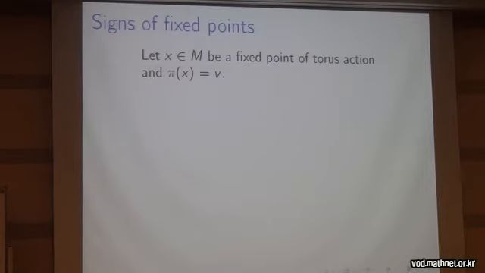And the last thing I'd like to tell you about is that we may define the signs of fixed points of a quasitoric manifold in terms of our equivariant embedding.